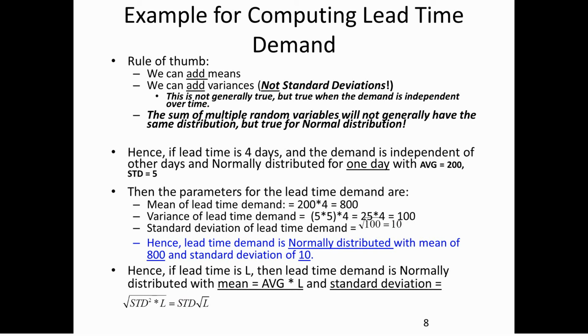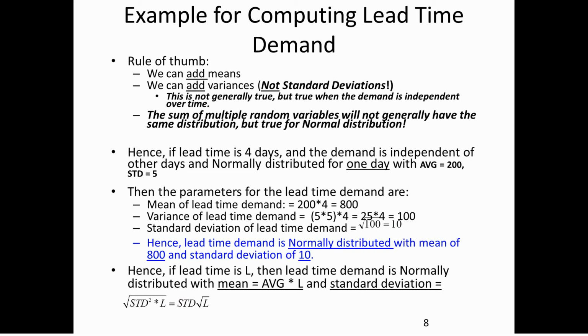And in general, you can't say that the sum of multiple independent random variables is going to have the same distribution as each individual one. So in our case, we're saying that they're normally distributed, and the sum of independent normally distributed random variables is not necessarily normally distributed in general. Well, actually, in our case, it is.